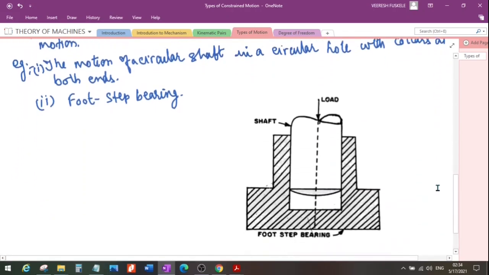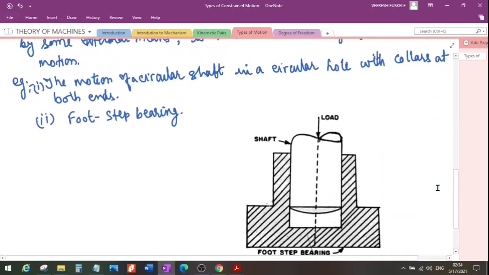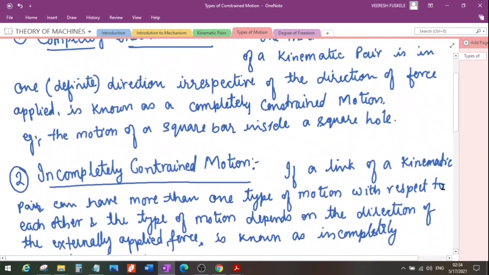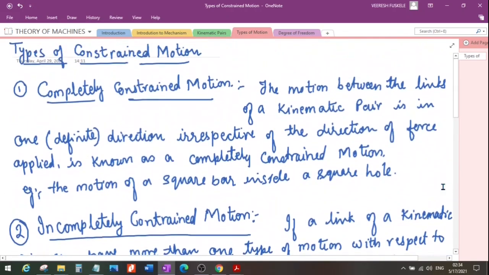I hope you have understood the classification of constrained motion. This is very important to understand, because whatever mechanism we are trying to design, the output motion that we desire should be a constrained motion. We are making a machine to do a particular type of work, or we are designing a mechanism so that we get a particular type of motion at the output.